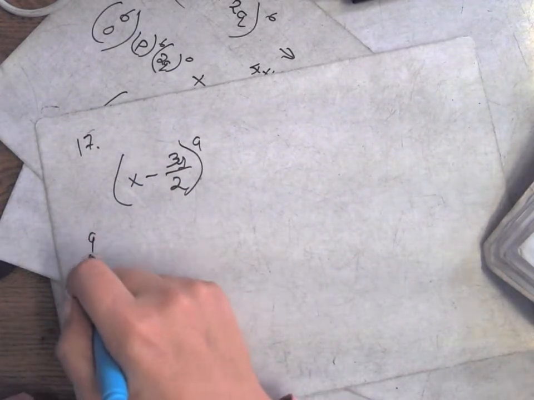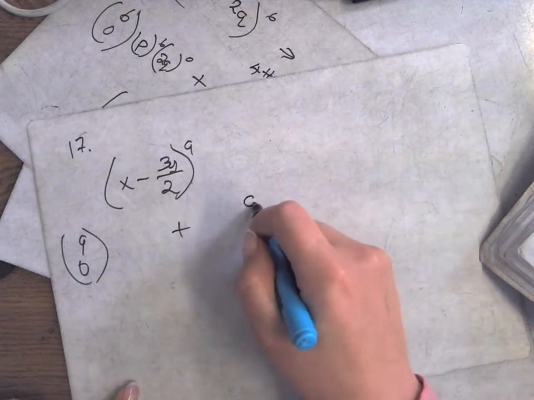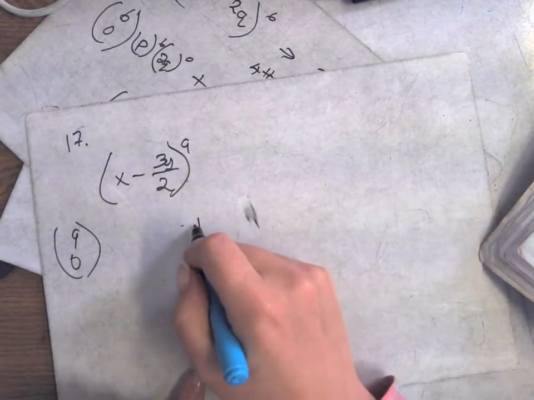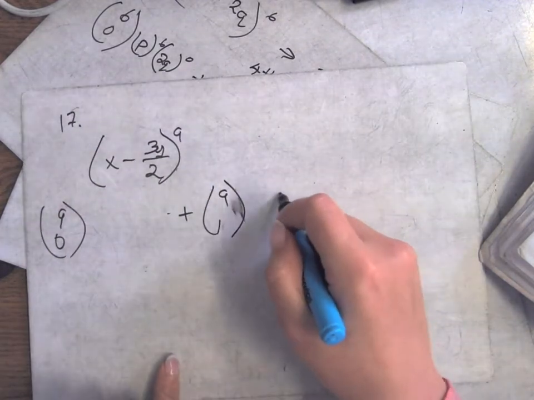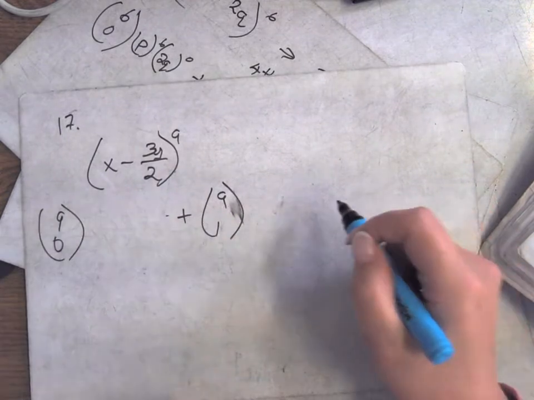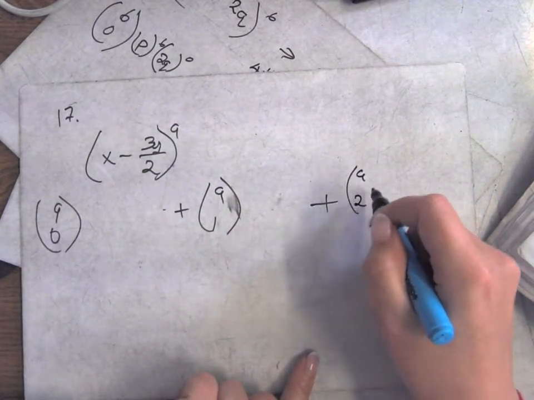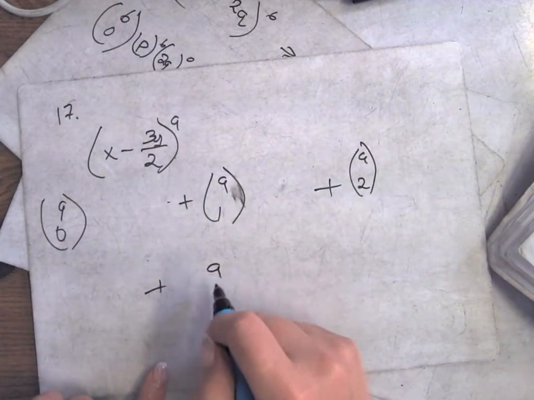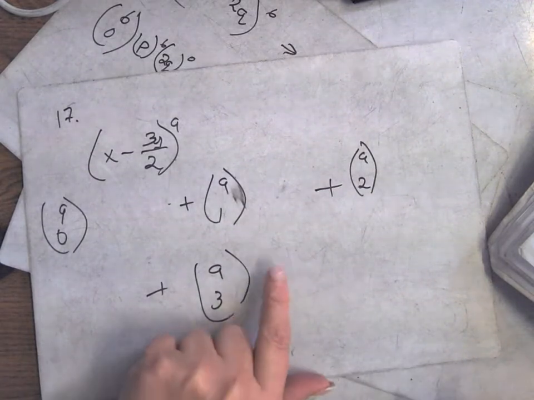So it's 9 choose 0 plus 9 choose 1, second term, plus 9 choose 2 is the third term, and then 9 choose 3 is the 4th term, and I don't need to go any more because that's the one they're looking for.